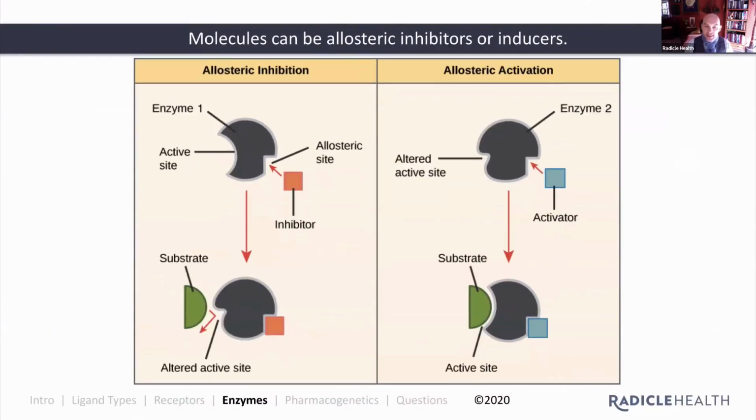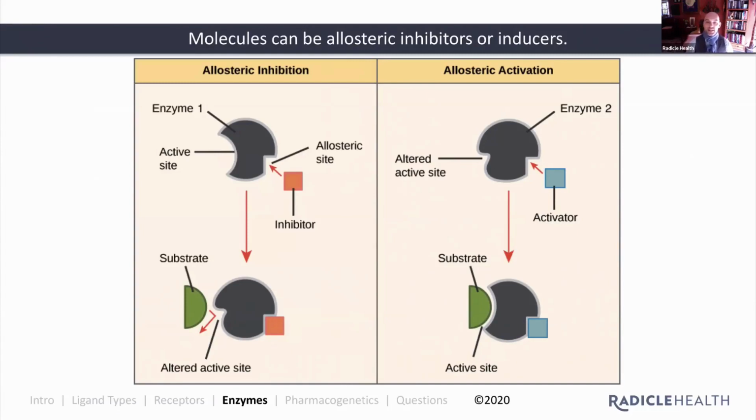And again, enzymes have allosteric and orthosteric binding sites. So there are some molecules that can actually inhibit or induce the enzyme activity. Some molecules bind to the allosteric site. They can induce the reaction between a natural ligand and an enzyme. You can see that on the right here.